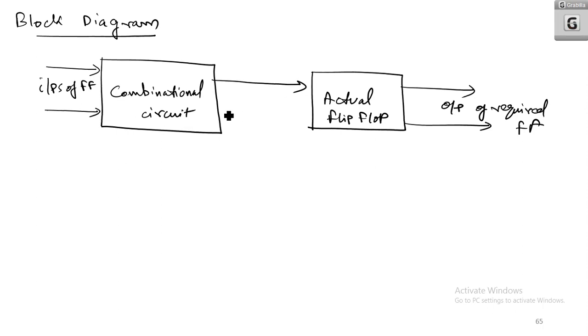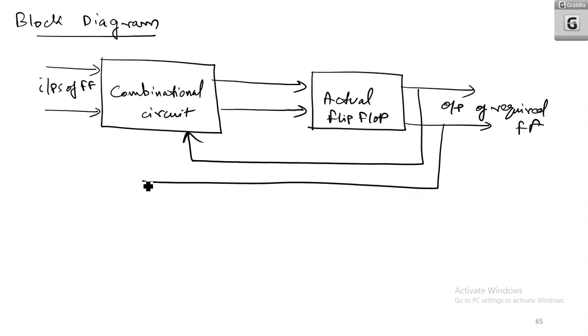This combinational circuit is given to this actual flip-flop, and here this is feedback. I will give an example. Suppose you need to realize an SR flip-flop using a JK flip-flop.